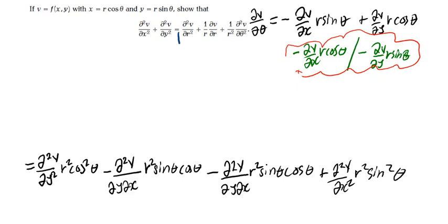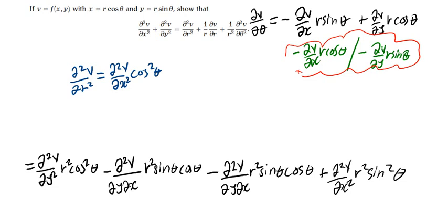Let me just bring back this one. I'll write this one, then I'll write this one down so that we see what is canceling out. Remember what we found, if you remember, the second partial of v with respect to r there, what we found was second partial of v with respect to x there, like that, and that was cos squared theta.